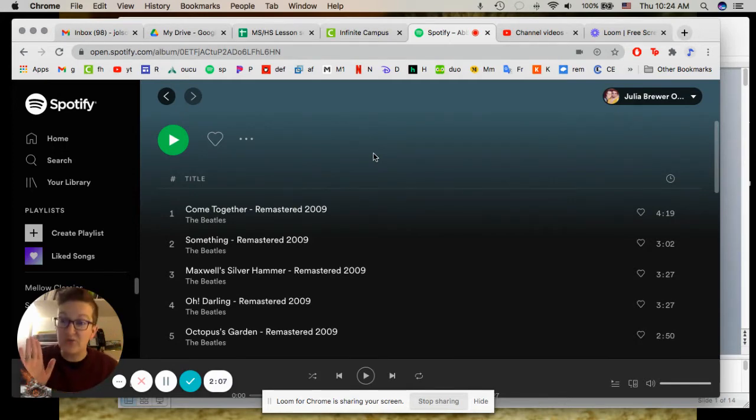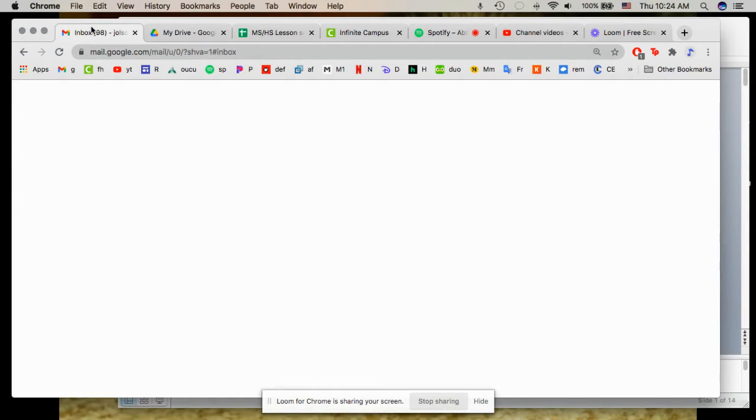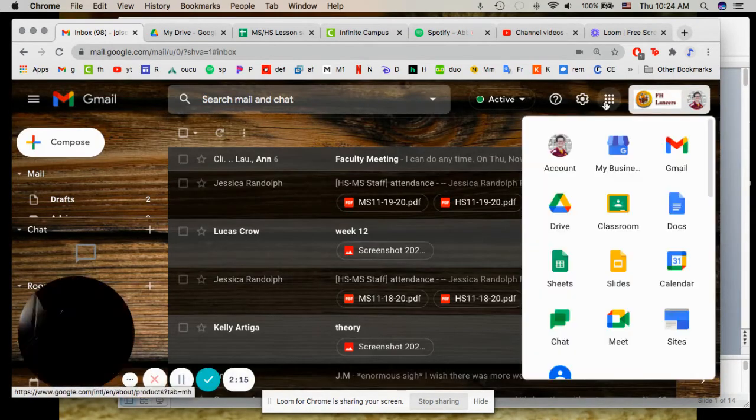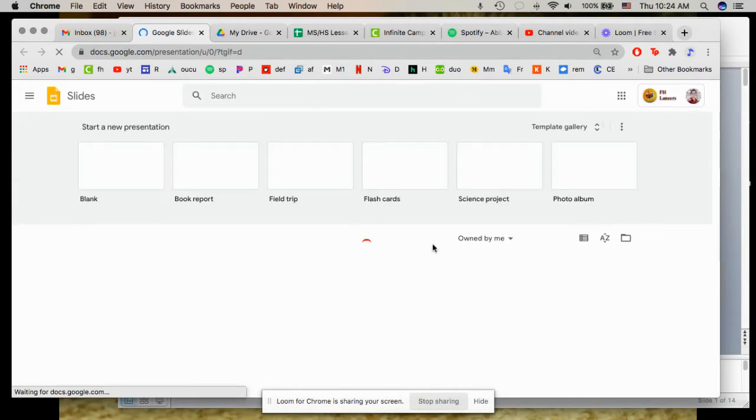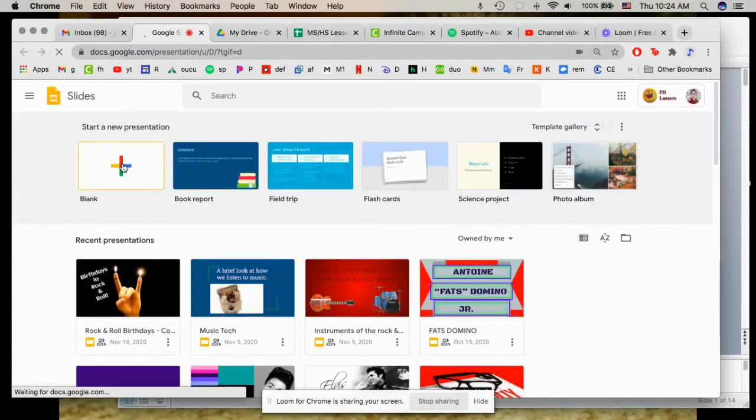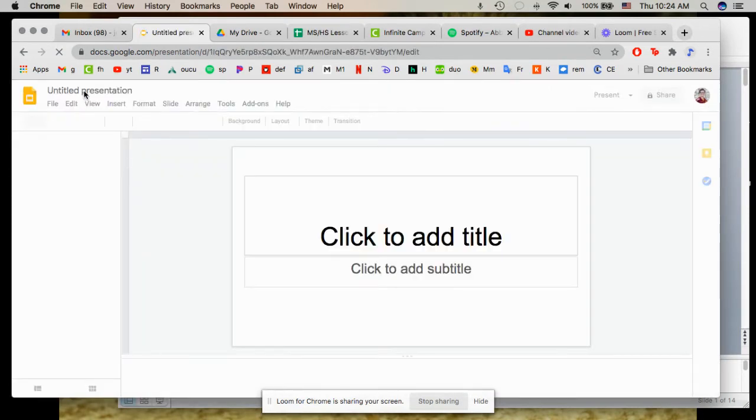Okay, once you have done that, then you're going to go to your email. You're going to open a blank Google Slide project. Blank. You're going to title it in the upper left corner.